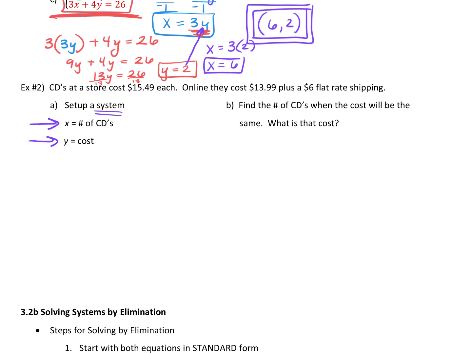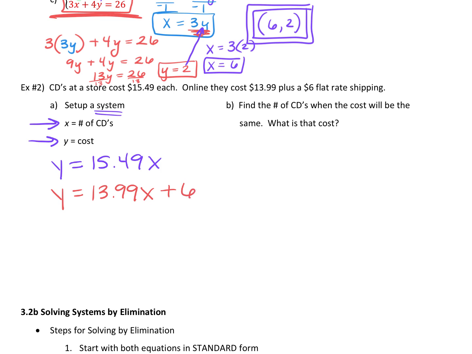I saw several correct systems. Give me one of the equations that you would use here. Cost equals what? 15.49 times the number of CDs. So that's one of your equations. Your other equation, y equals what? 13.99x plus that $6 flat rate shipping.